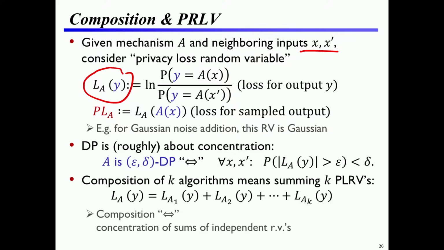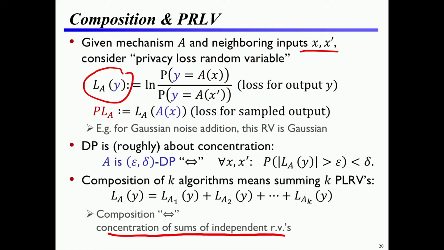Assuming the privacy properties of the algorithms are not themselves chosen adaptively, though you can choose the algorithms adaptively, composition is basically about concentration of this summed random variable. Most of the time the way we set up composition, these privacy loss variables are independent. Like the kinds of algorithms that Lydia will be talking about, these are set up so that they're independent. As a result, to think about composition, we just need to think about sums of independent random variables.